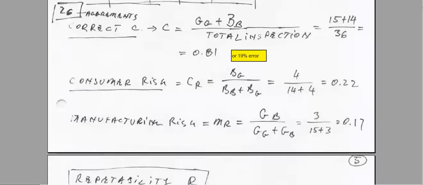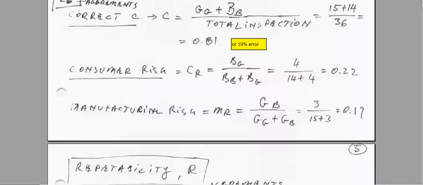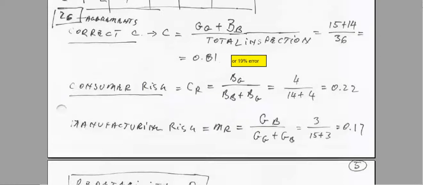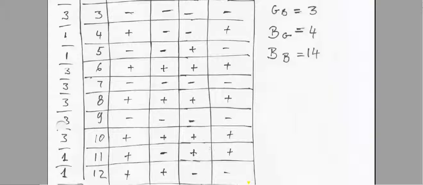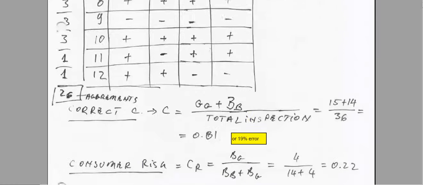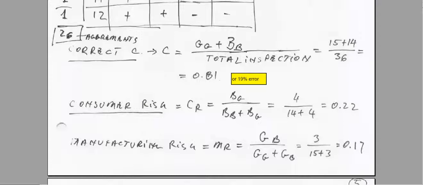The consumer risk, the formula we gave previously, is the ratio of BG divided by BB plus BG. So the total bad population is 18, and BG in this particular case, as you recall, is 4, and the ratio would be 0.22 or 22%.